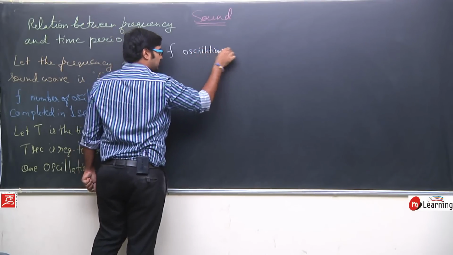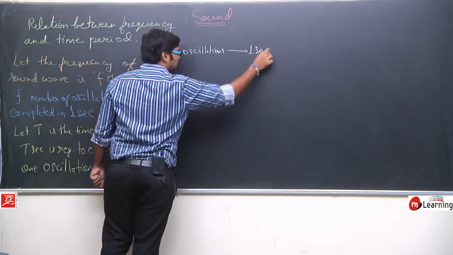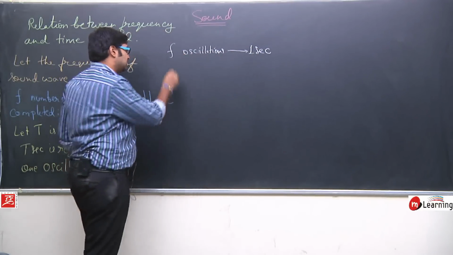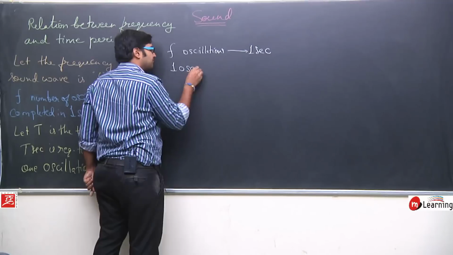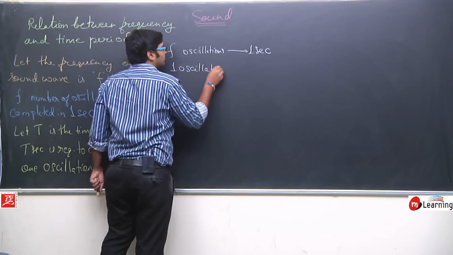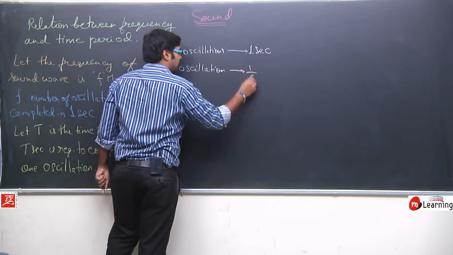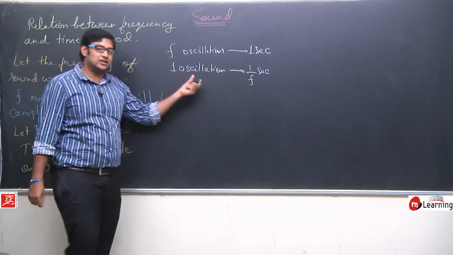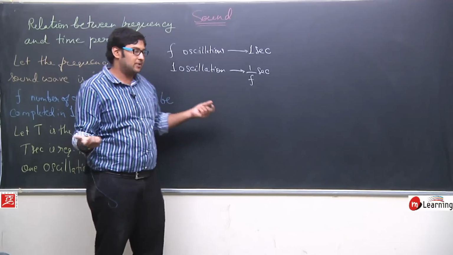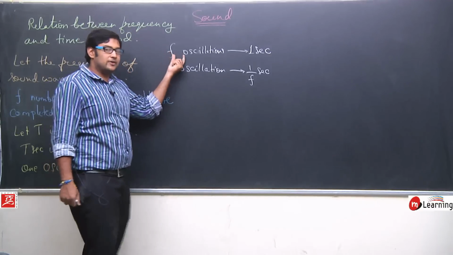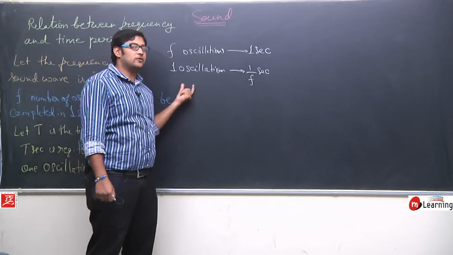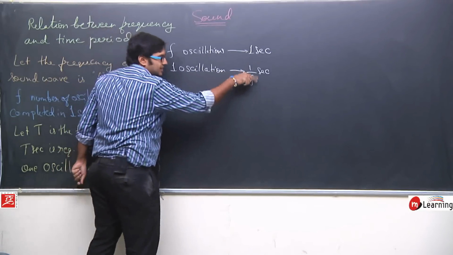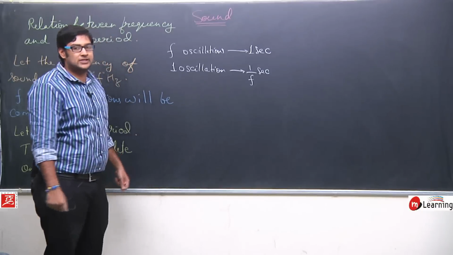Now f number of oscillations in 1 second means one oscillation will be completed in 1 upon f seconds. Just the unitary method you studied in your previous class. For example, 10 toffees worth 1 rupee, so 1 toffee worth 1 upon 10 rupee. In this manner I can say one oscillation can be completed in 1 upon f seconds.